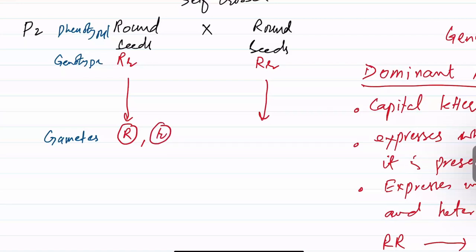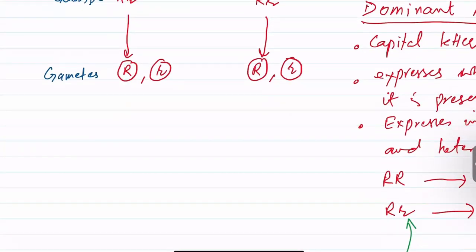Similarly, the other parent will also have R capital, R small, so that it represents that these are two types of gametes, two different gametes produced. Okay. Now to predict the F2 ratio, F2 is called second filial generation.